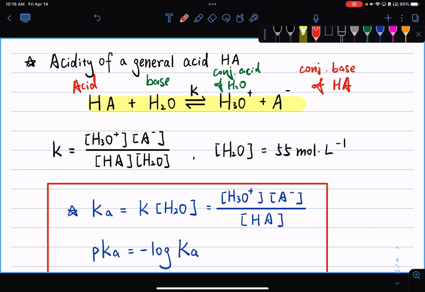So that's what those four terms mean. Based on our understanding of the equilibrium constant, we know that the equilibrium constant, the big K, is given by the concentration of your products divided by the concentration of your reactants. And in here, the concentration of water is a constant. All right, so this is the equilibrium constant.